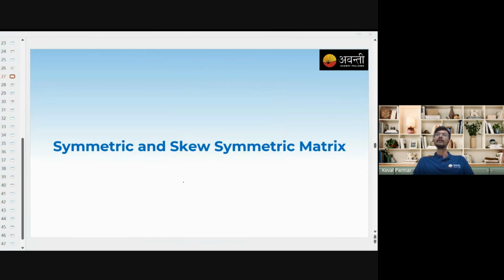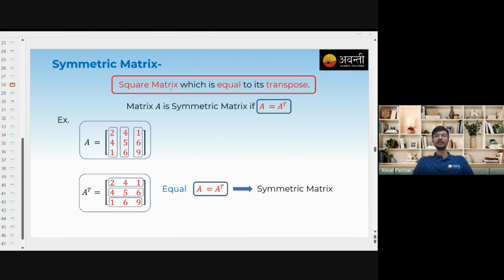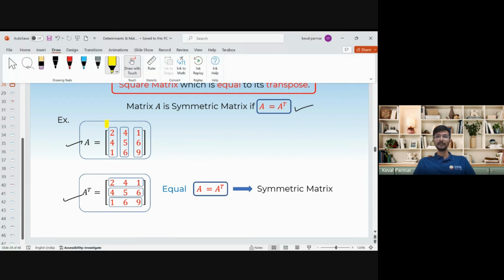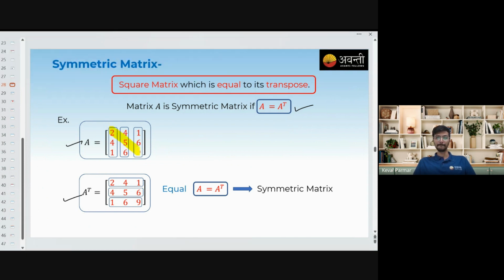Next. The special matrices, symmetric and skew symmetric. You will know why we are doing it separately. Chalo. We all know the definition. If A transpose is equal to A, then it's a symmetric matrix. You can see these examples here. A is this, A transpose is this. You will notice one property. The diagonal elements will remain the same.